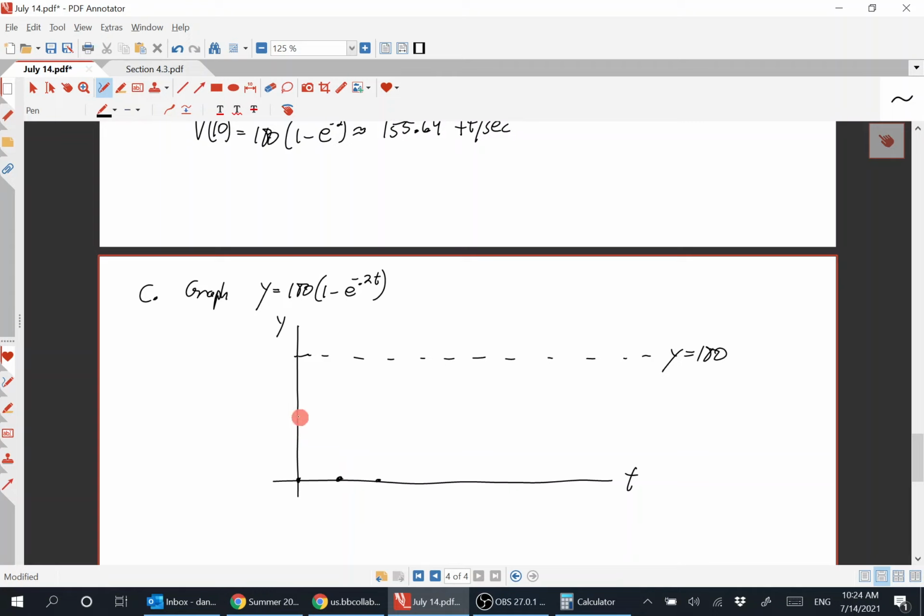So, I don't know. So this is 90 right here. So 113, 155. So it's this exponential curve. I had to mess it up at the end there.